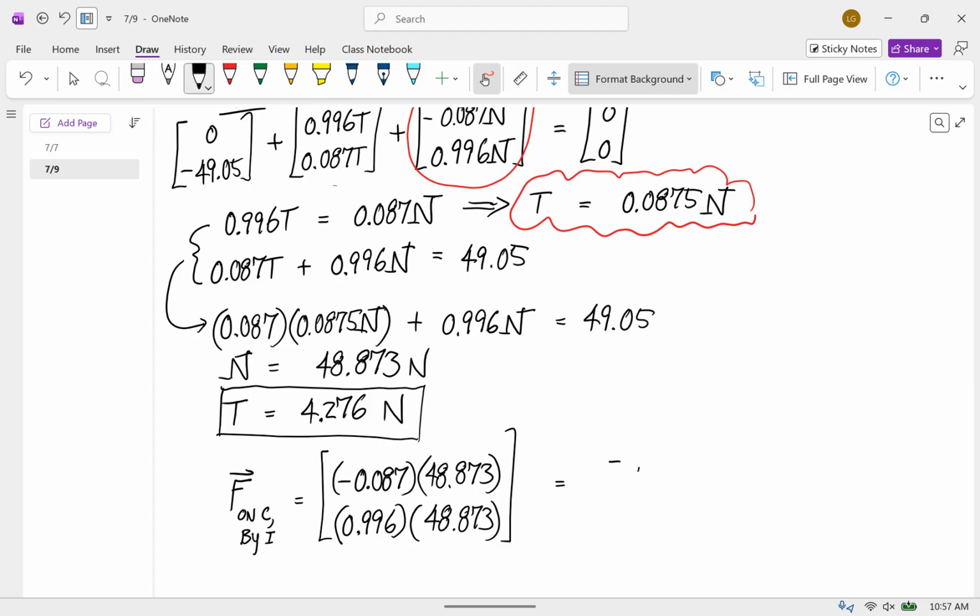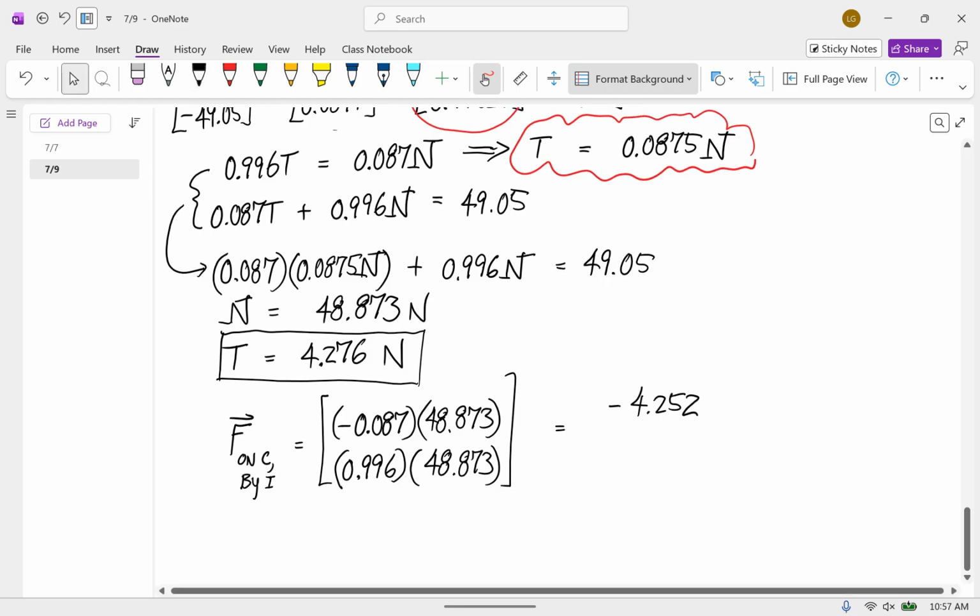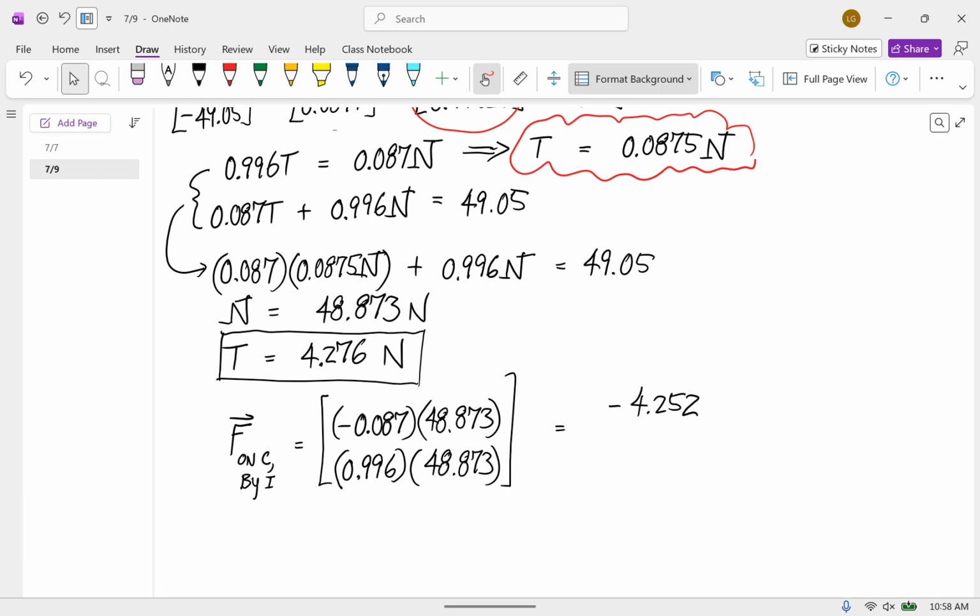And so we got negative 4.252 for the x component. For the y component, 48.678. Units are newtons.